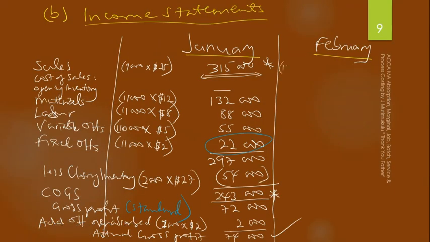We get 402,500. Okay, like I said, you just underline that figure so that you won't confuse it with other figures.